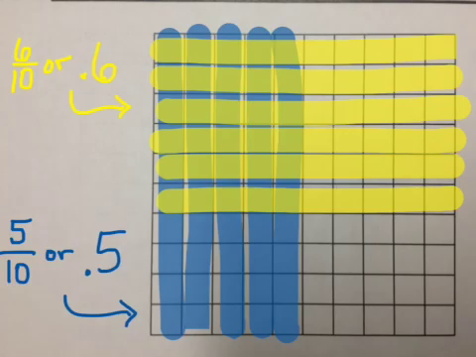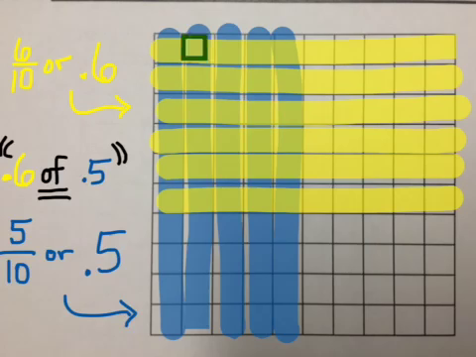Now, what this means is that we're starting with a group that's only 1/2, like half of a brownie pan, and then we're taking 6/10 of that 1/2. So we need to think this is 6/10 of 5/10. Well, wherever we have overlapping is going to be where our answer is.